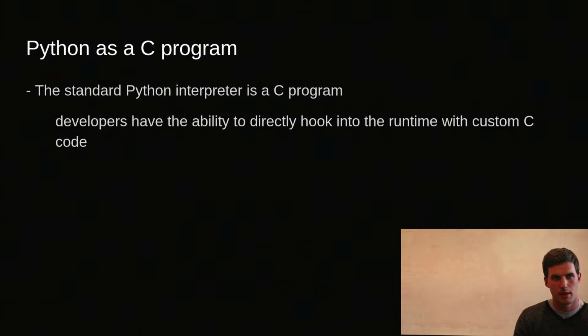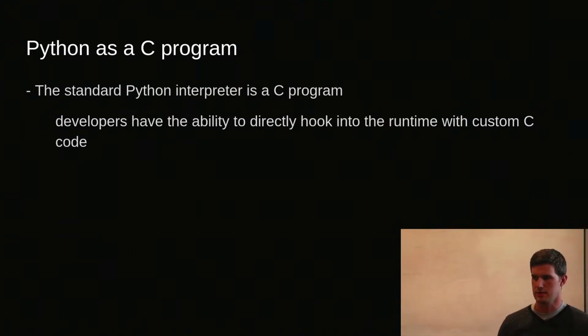The way you can think of Python as a runtime environment is you can think of the Python interpreter as a C program. And what that allows you to do is Python provides you hooks that allow you to hook into the Python runtime with custom C code.